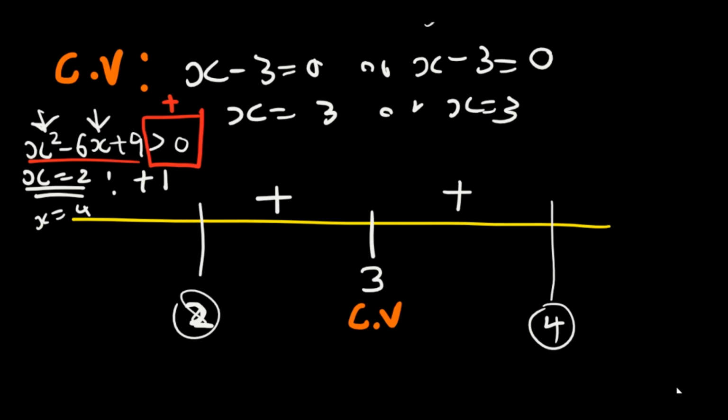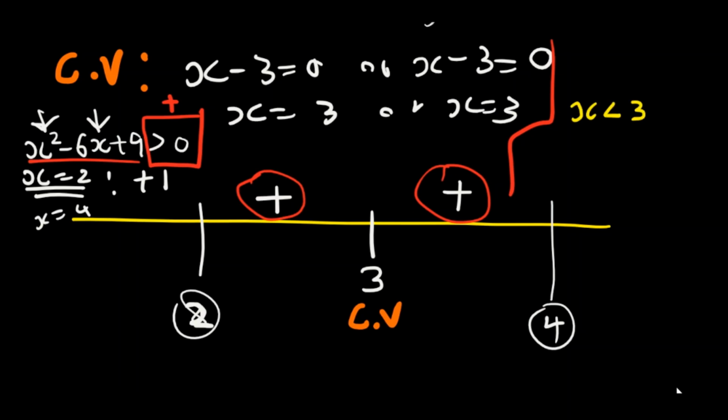So you conclude by that. So in this case, there is your positive and there is your positive. Use your inequality sign to conclude. So therefore, you're going to say x must be less than 3 for you to get this positive sign, or x must be greater than 3 for you to get this positive sign.